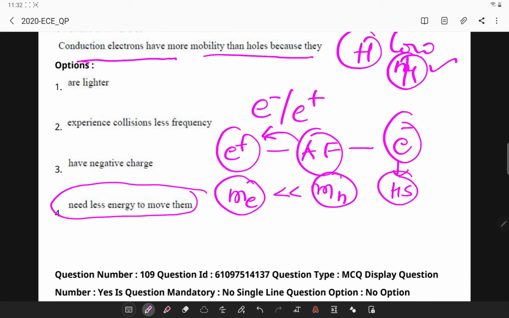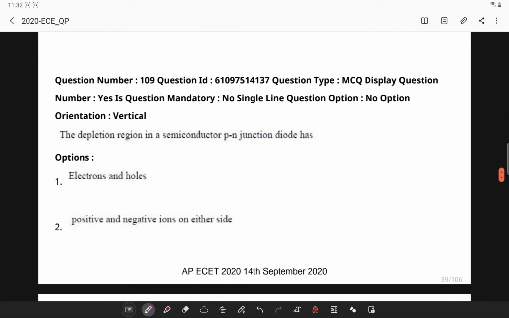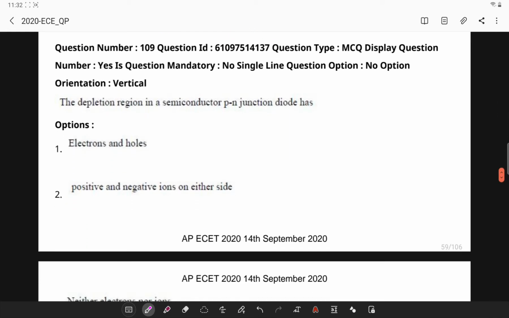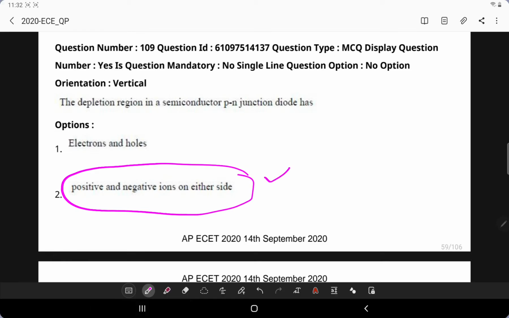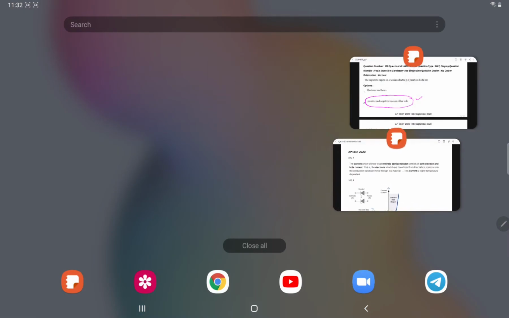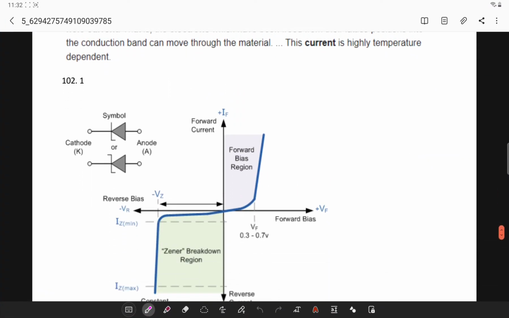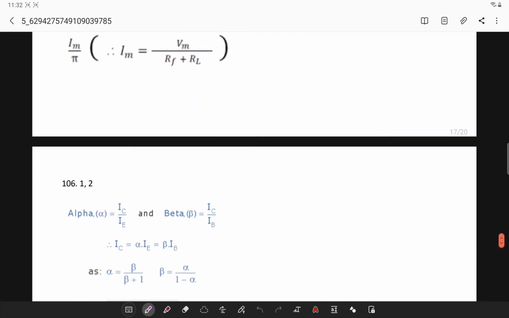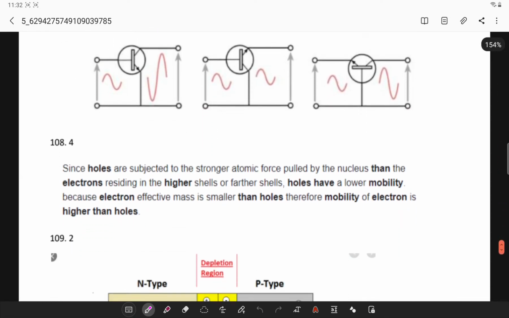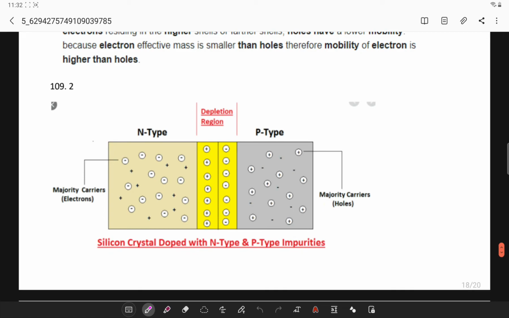Okay, next, the depletion region in a semiconductor PN junction diode has generally both positive and negative ions on either side. I will show you the pictorial representation of this. This PDF which I am viewing is prepared by me, and you can download it from the link provided in the description.